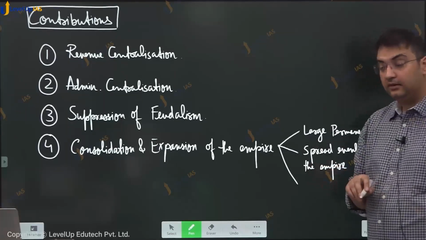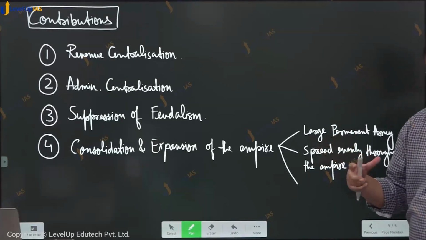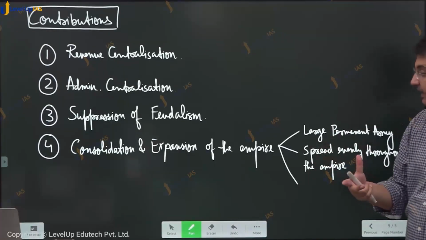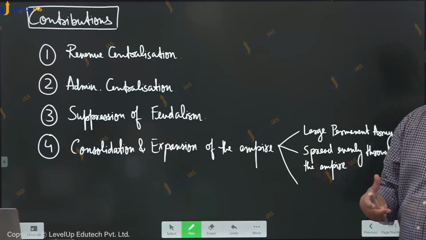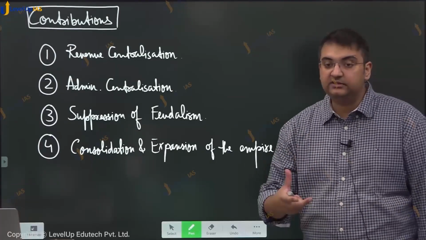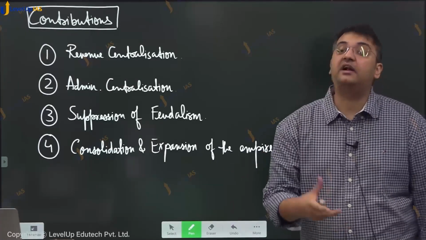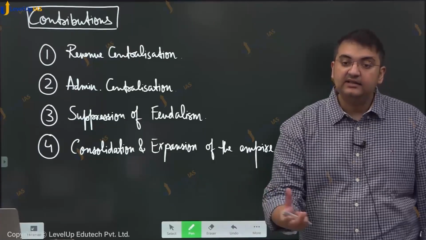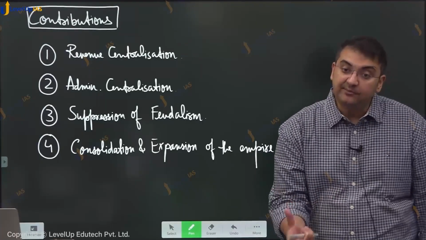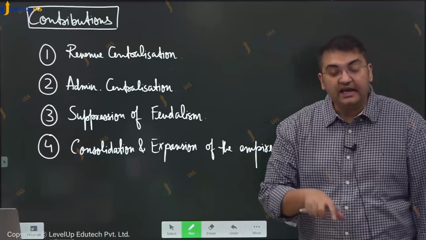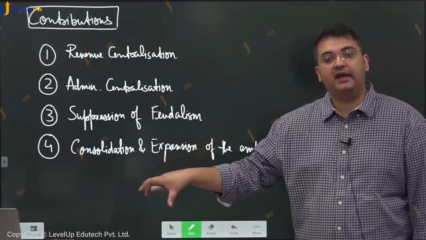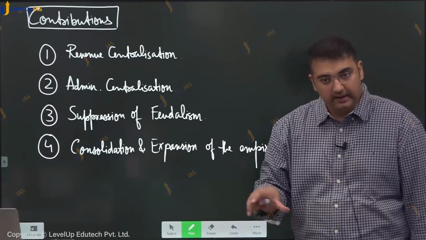And the system of incentives created a situation where the more ambitious nobles were given iqtas in the frontier regions, and these ambitious nobles sometimes on their own initiative invaded the small neighboring kingdoms on their borders.